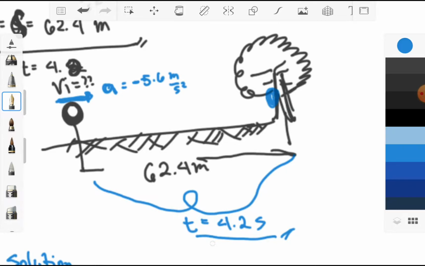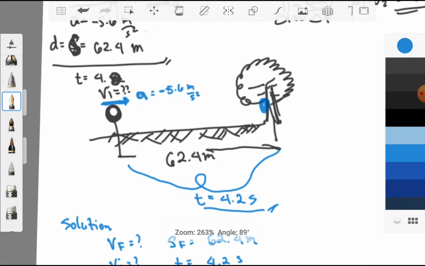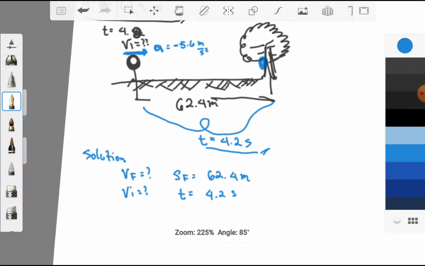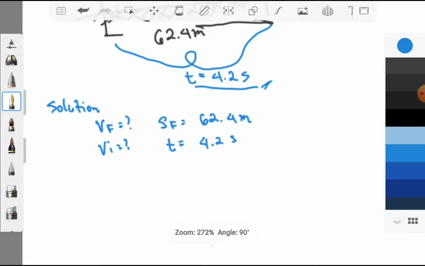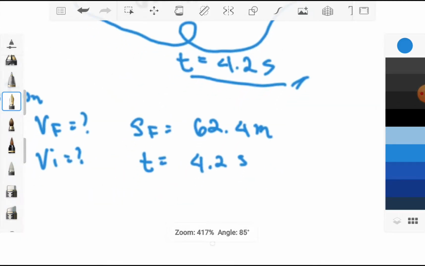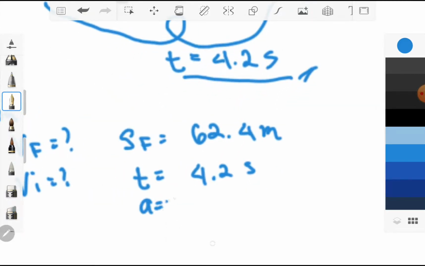Because with deceleration, your acceleration will just be negative, which means your body is slowing down. With positive acceleration, your particle is speeding up. With negative acceleration, it slows down. That is my only analysis for kinematic equation problems. So always take note that we only consider a particle. Okay? So, we have our acceleration equal to negative 5.6.